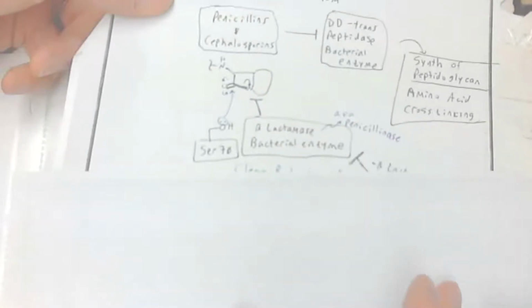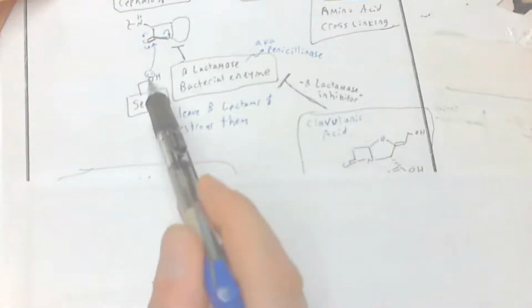So anyway, how can we prevent that? The idea is we can use beta-lactamase inhibitors. These are drugs that are like sacrificial beta-lactams that serine 70 can go attack, but in a way that seems to be irreversible, right?